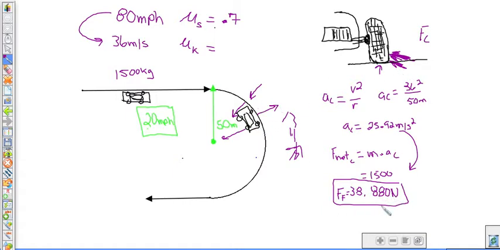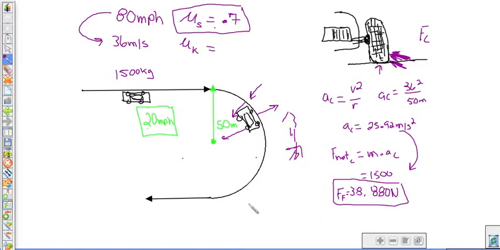And so what sort of coefficient would I need? I know that if I exceed my 0.7 coefficient, I'm going to run off the road. So let's see if I can make this turn going 80 miles an hour with a 1,500 kilogram car and normal tires on it.